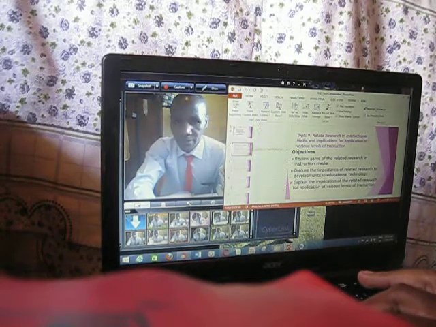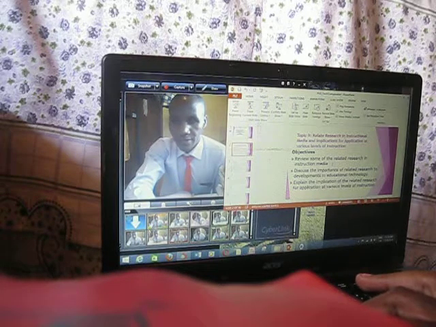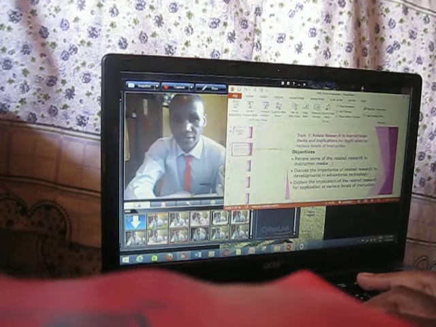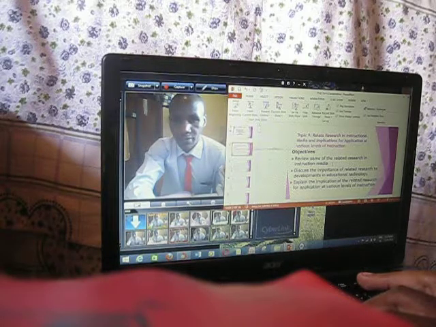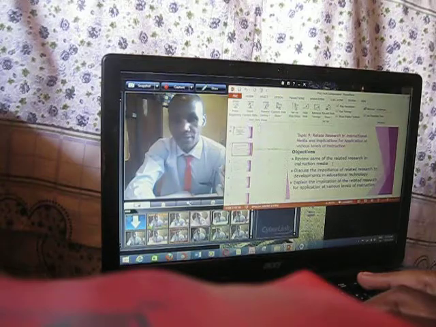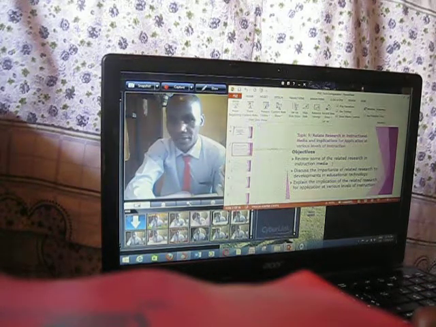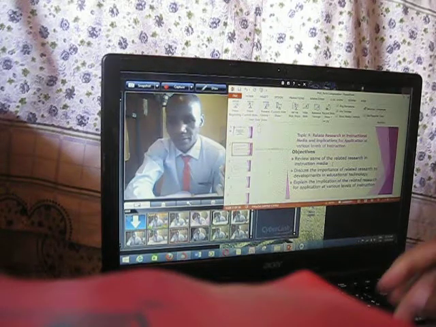The objectives were to review some of the related research in instructional media. Then we discussed the importance of related research to developments in educational technology. Then we explained the implications of the related research for application at various levels of instruction.